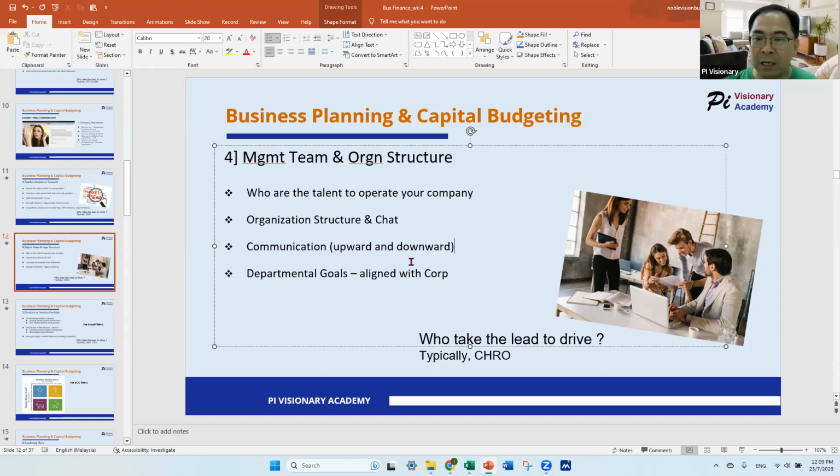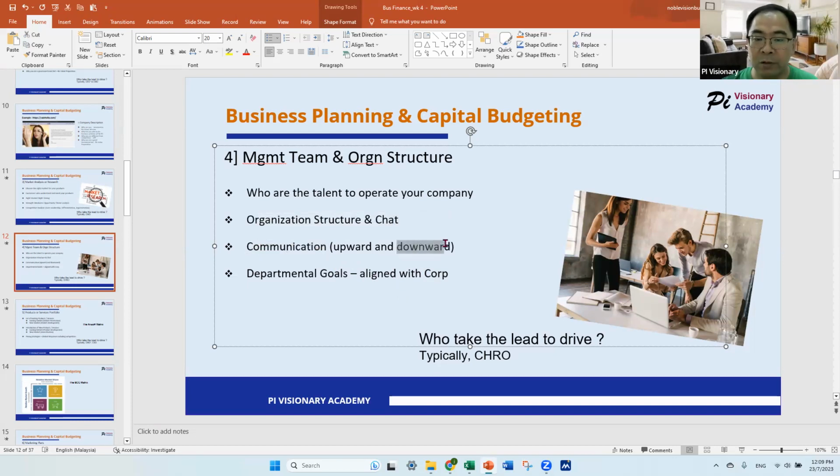If you think that the top-down objective is not realistic, then you communicate upwards, feedback, feed forward. So in a healthy organization, we practice two-way communication.